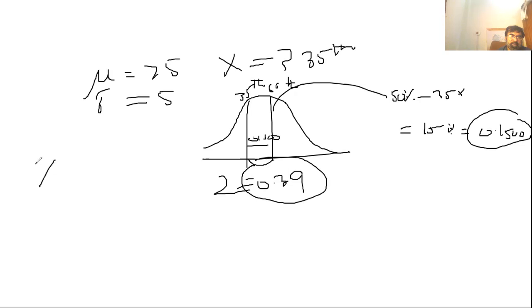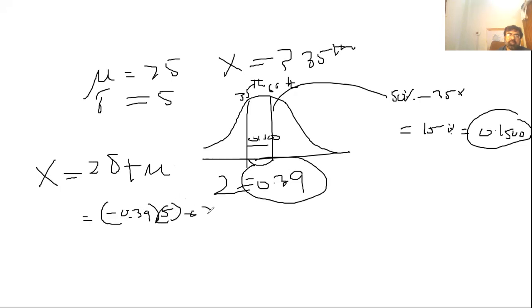Now putting in the formula, you will get Zσ plus mu, and that will become minus 0.39 into 5 plus 75.